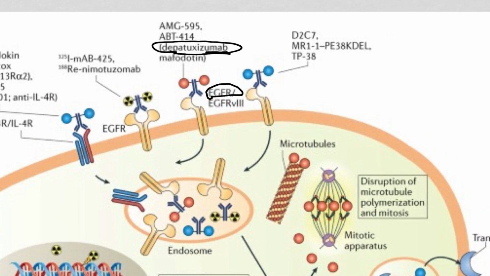EGFR is being shown here like this: this is full EGFR, and that is also full EGFR. This EGFR mutation is a mutation where several exons from the EGFR gene are removed, and it makes a shorter protein, but unfortunately it's not non-functional, it's overactive.